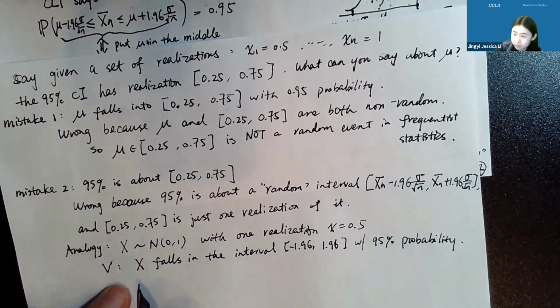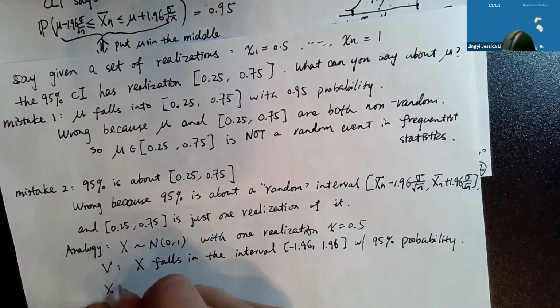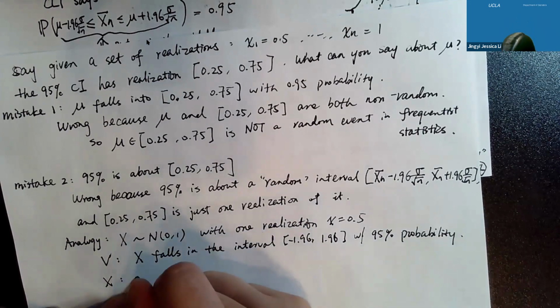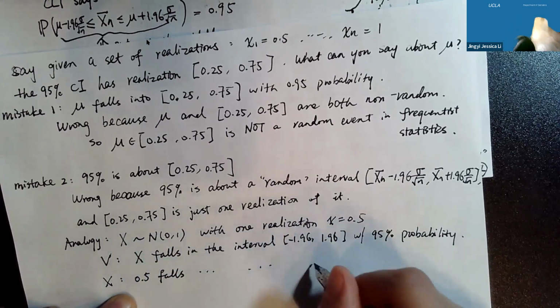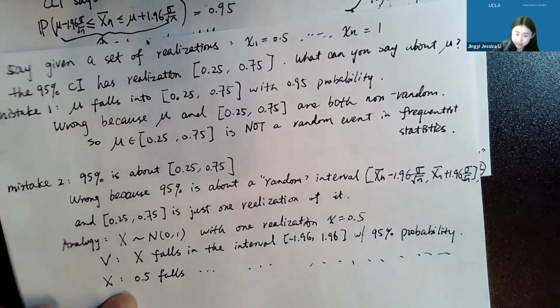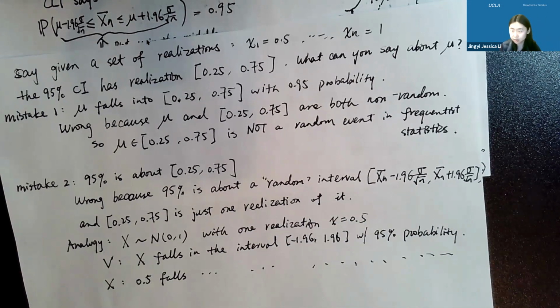It's about this random variable. But the wrong statement is that 0.5 falls in the interval blah, blah, blah. If I replace x by 0.5, then the statement doesn't hold because 0.5 is already a realization. It's just a number. You cannot say the number belongs to this interval with that probability.